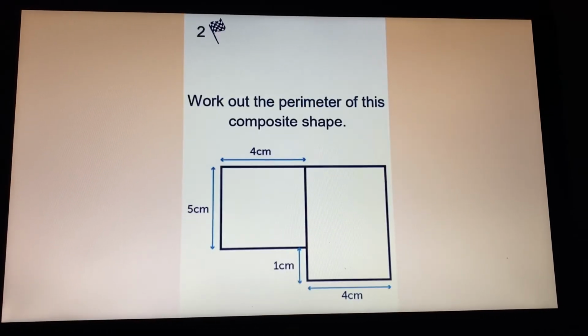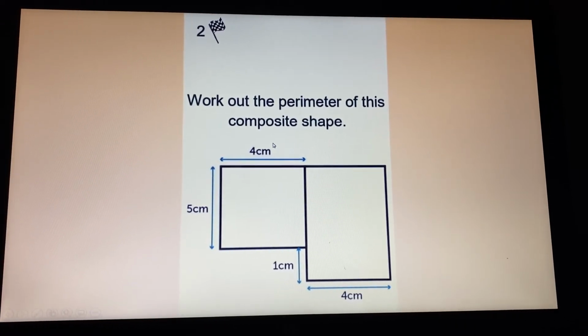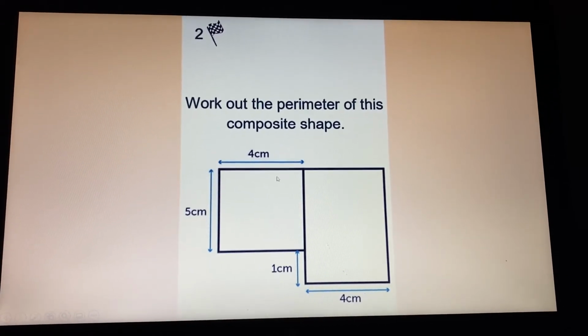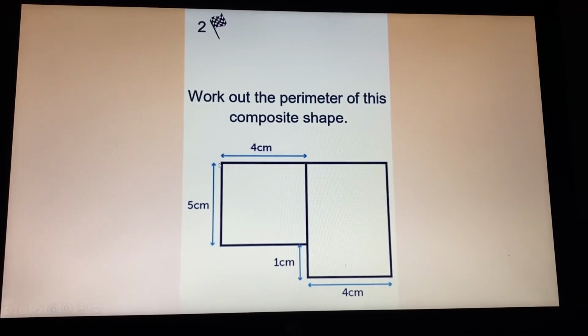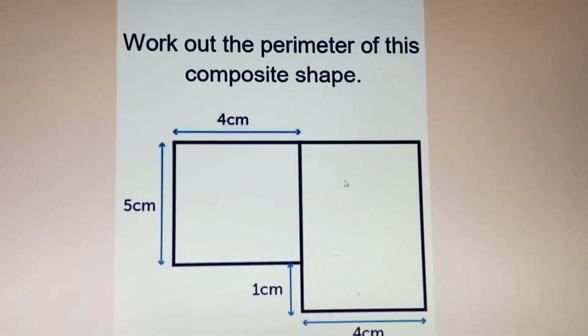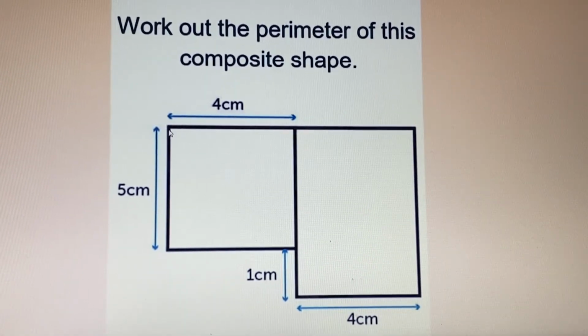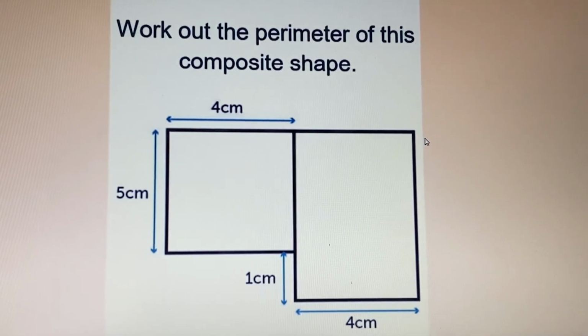So moving on. So here we have a composite shape, and this is where it gets a little bit tricky. A composite shape, we spoke about these when we were looking at area, is sort of imagining that two shapes have been squashed together or pushed together. Two shapes have been pushed together.